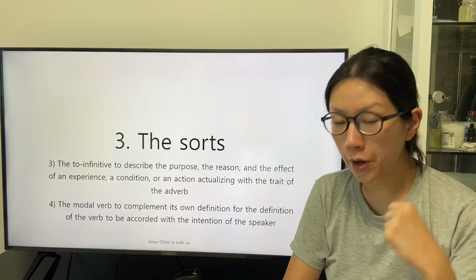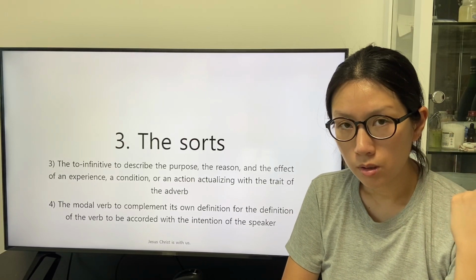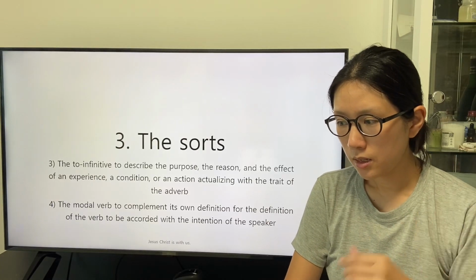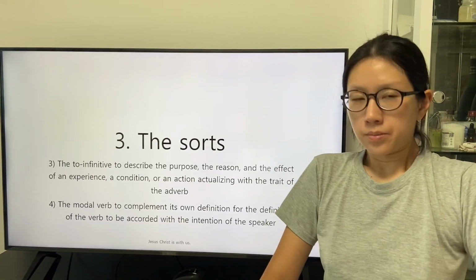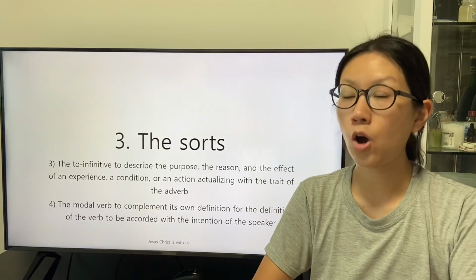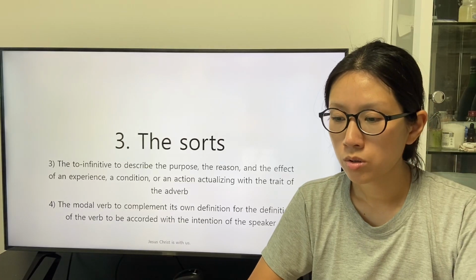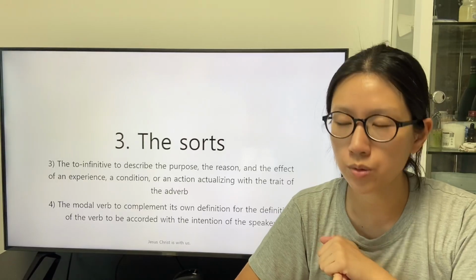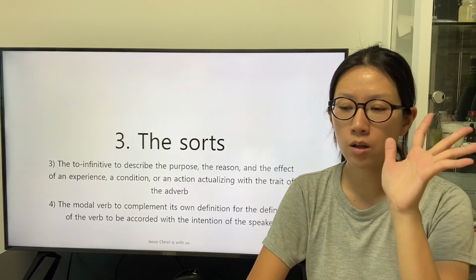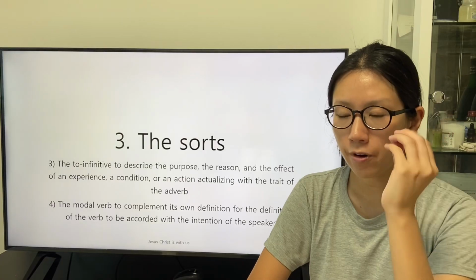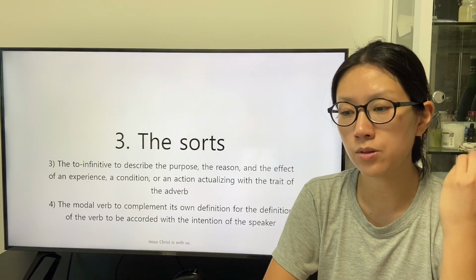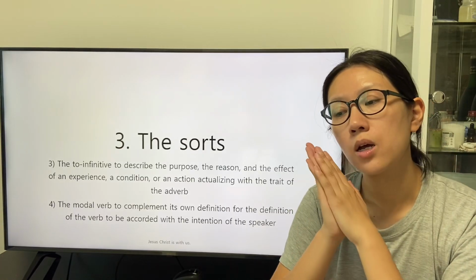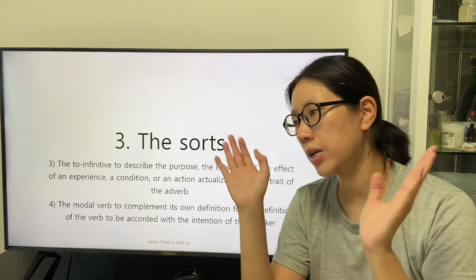The purpose of the subject is additional. For the subject of the preposition to, this can be understood from the fact that we understand the definition of a verb with an experience, a condition, or an action.